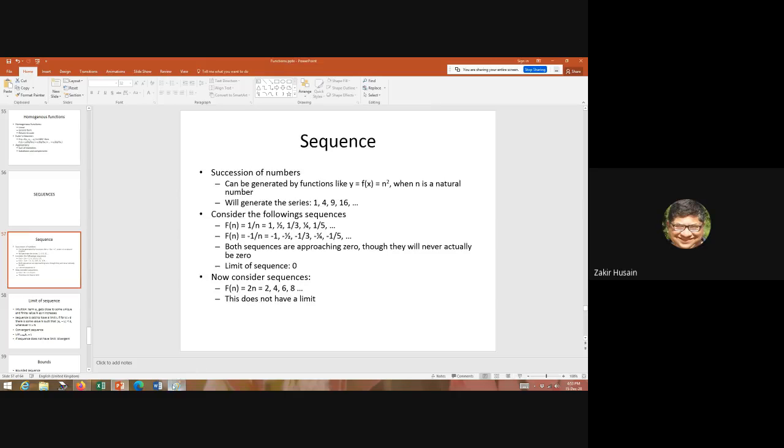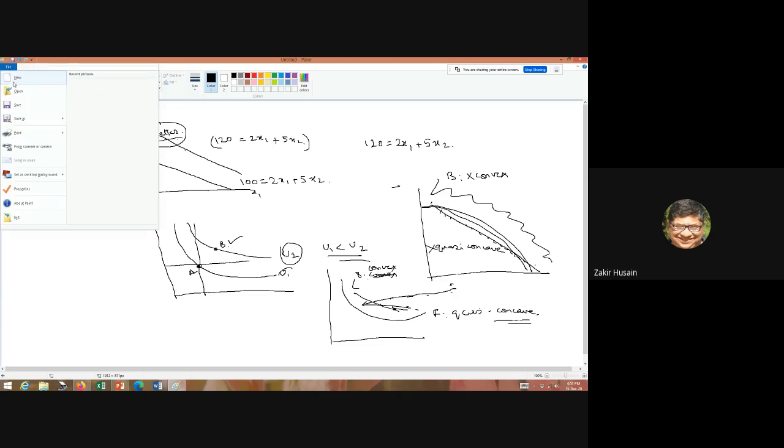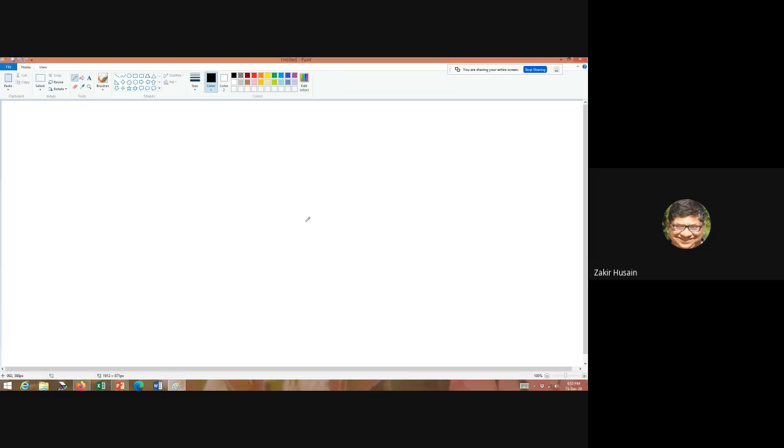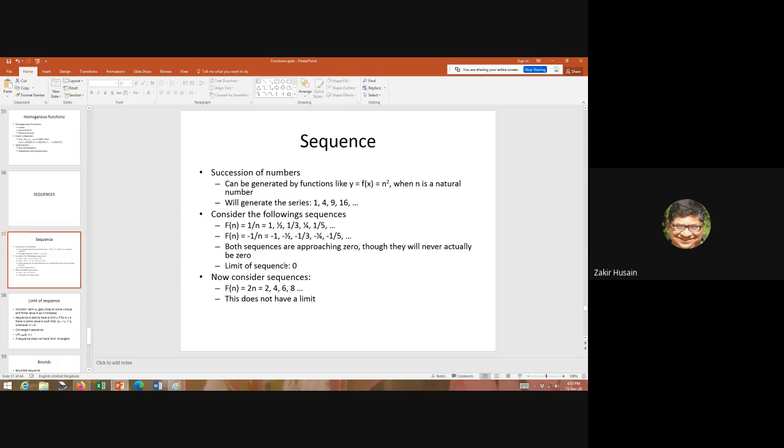So the difference is, if we take the number line and 0, in the first case we are moving like this, in the second case we are moving like this. But in both cases, the sequences are approaching 0. But will it be 0? When will 1 by n be 0? When n is infinity. But infinity is just a concept, right?